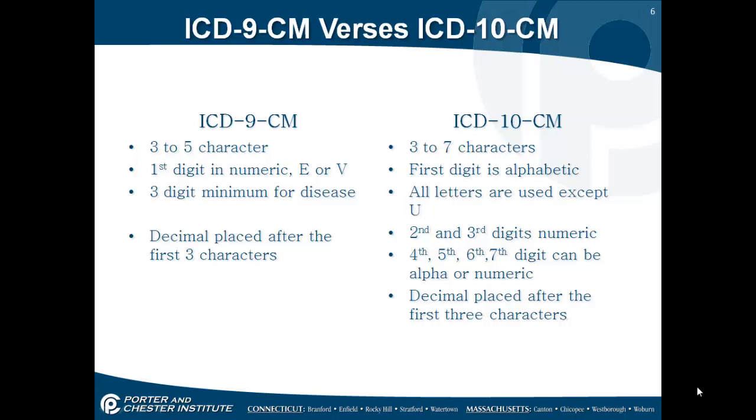In ICD-10, all letters are used except for the letter U. In ICD-9, a decimal is placed after the first three characters. In ICD-10, the second and third digits are numeric. The 4th, 5th, 6th, and 7th digits can be alpha or numeric. And there's a decimal placed after the first 3 characters.